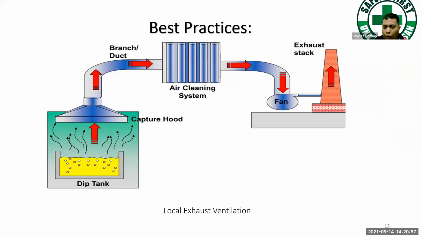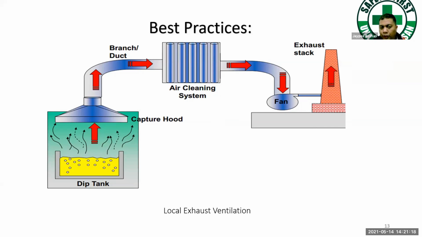The next is the local exhaust ventilation. A typical local exhaust ventilation has the capture hood, the branch or duct, the air cleaning device, the fan, and the exhaust stack.